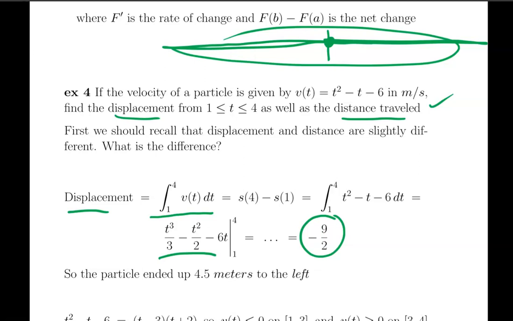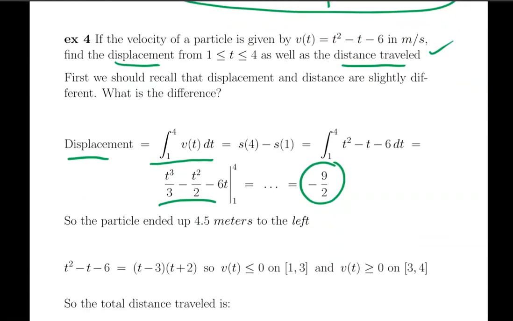But that's the displacement. Now, in order to find the total distance traveled, I have to see where it's positive and leave it alone, and see where it's negative and count it as positive. Okay. So here's our function, which factors into that. So notice that the velocity is negative from 1 to 3 and positive on 3 to 4. So the total distance is going to be 2 integrals.